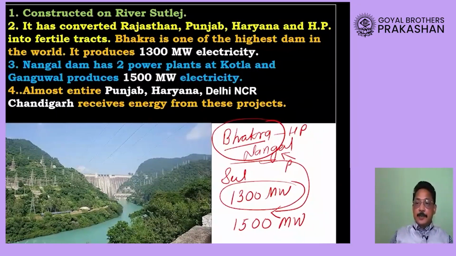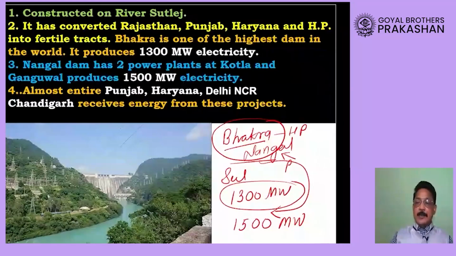In this way, dear students, these dams play an important role in supplying electricity to Punjab, Haryana and these places, and the water is also utilized for irrigation in Punjab, Haryana as well as Rajasthan.